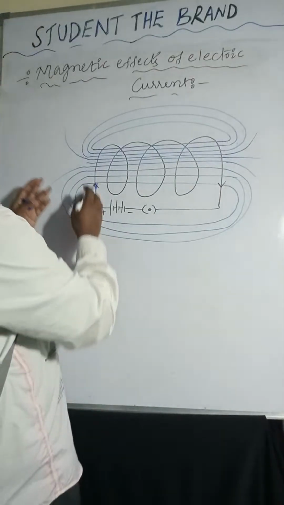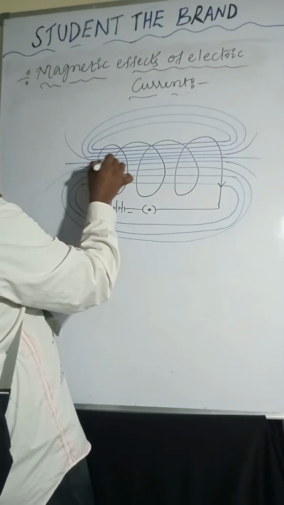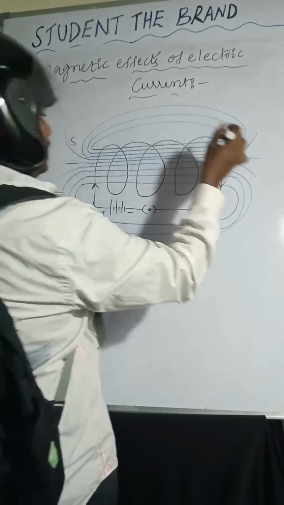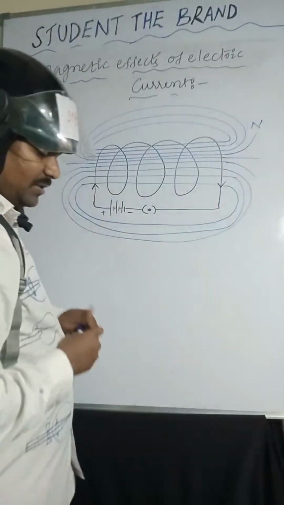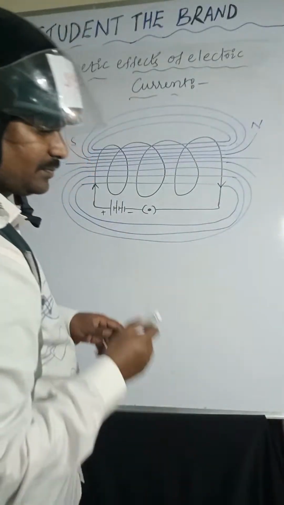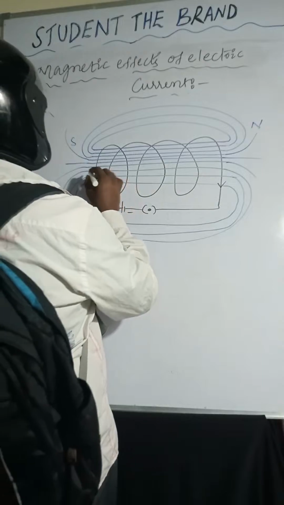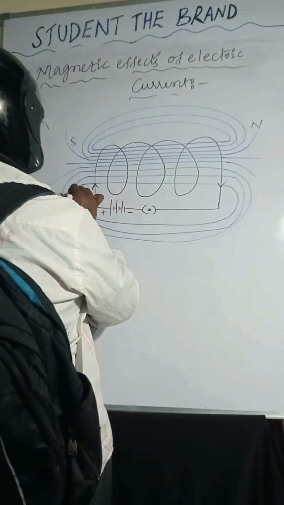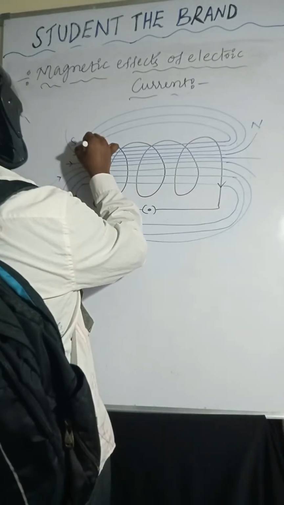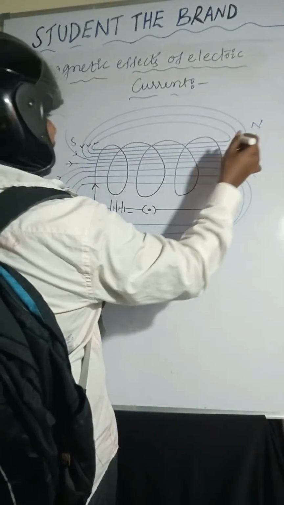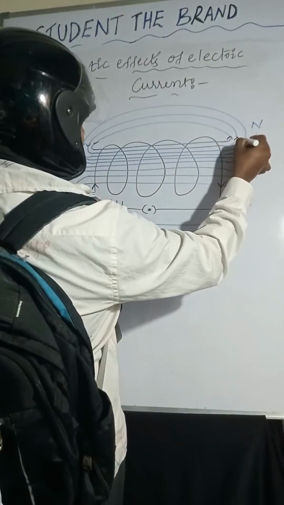Whenever the current is moving to that side, we can take that as south. When the current is leaving, that is north. So here south, reaching, and here leaving.